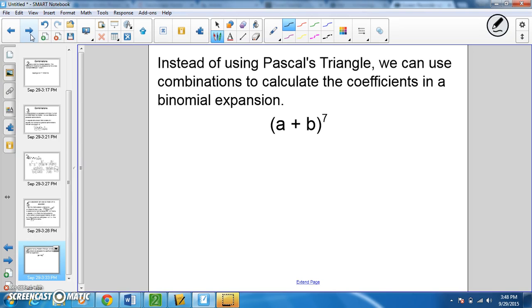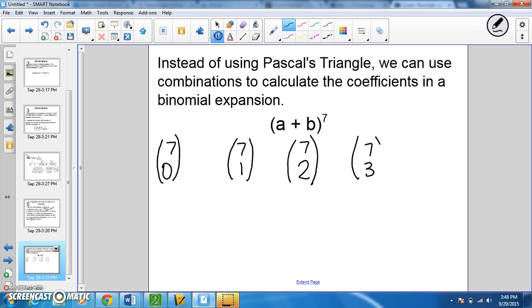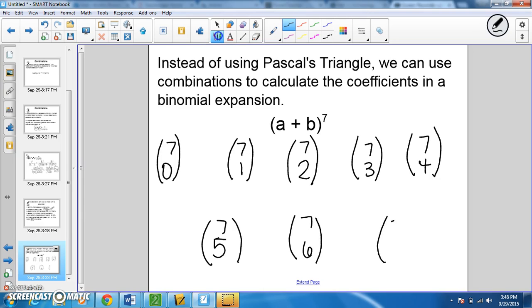We're going to use 7 choosing 0, 7 choosing 1, 7 choosing 2, 7 choosing 3, 7 choosing 4, 7 choosing 5, 7 choosing 6, and 7 choosing 7.